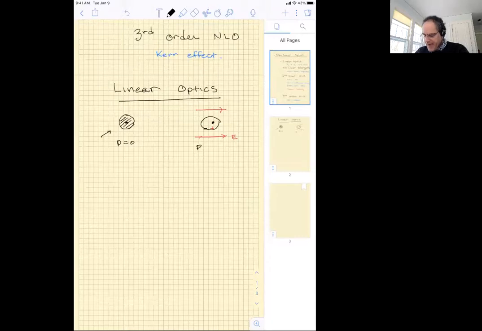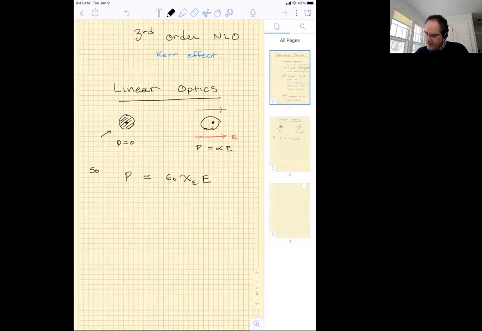And the dipole moment of the atom, we have said, is usually proportional to the electric field. So it's equal to a constant, the polarizability, times the electric field. And this is the basis of linear optics. Then, for a material made up of these atoms, we can say that the density of dipole moment, or the polarization, will be given by a constant times the electric field.